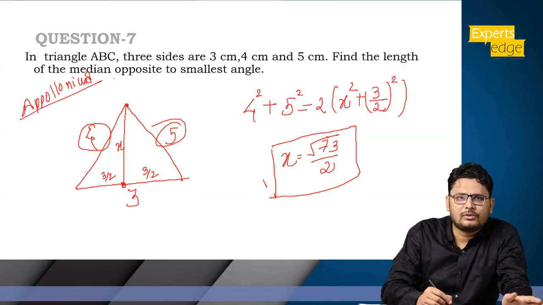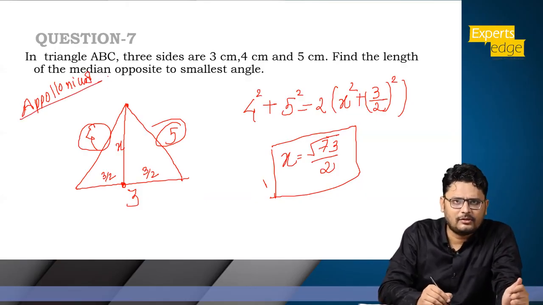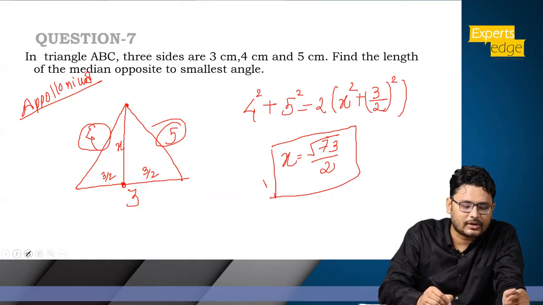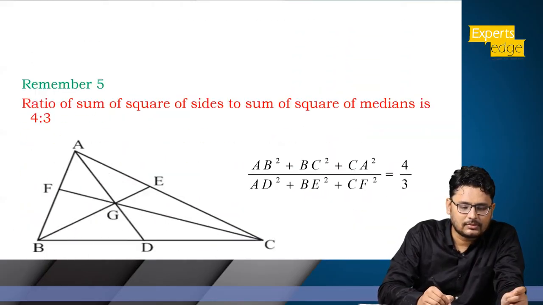Okay. So up till now we have seen 3 to 4 properties, but very important. Now let's move to the next properties. A bit tougher one, but you need to remember it.